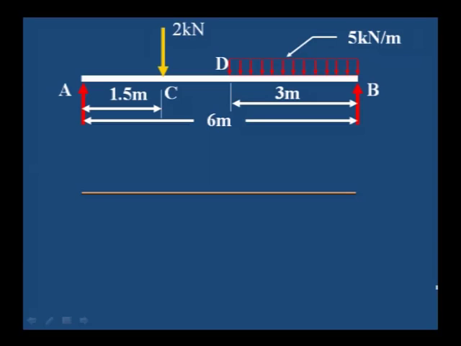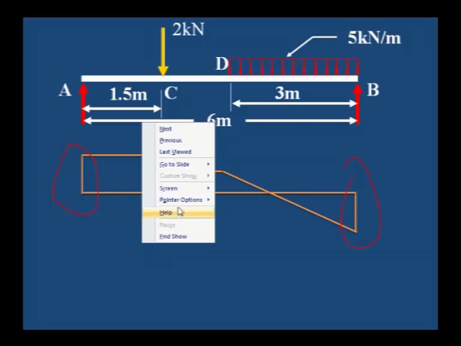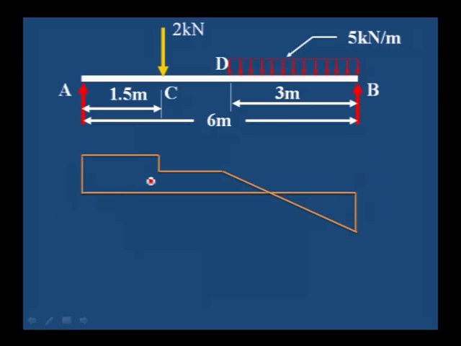Now, let us draw the shear force and bending moment diagram. First, draw the horizontal line, and then drop a negative value equal to RB, this portion, and then here a positive value equal to RA.